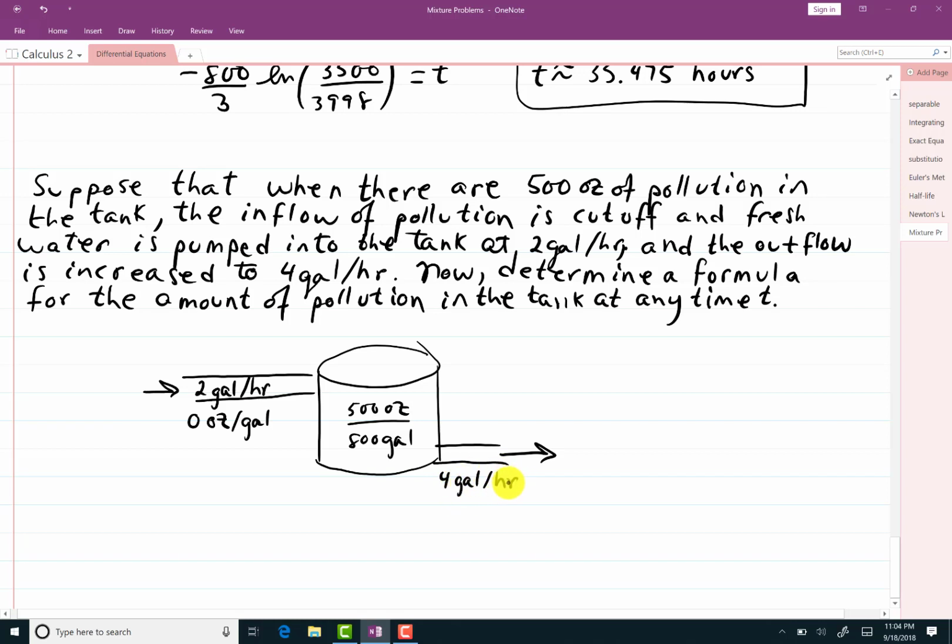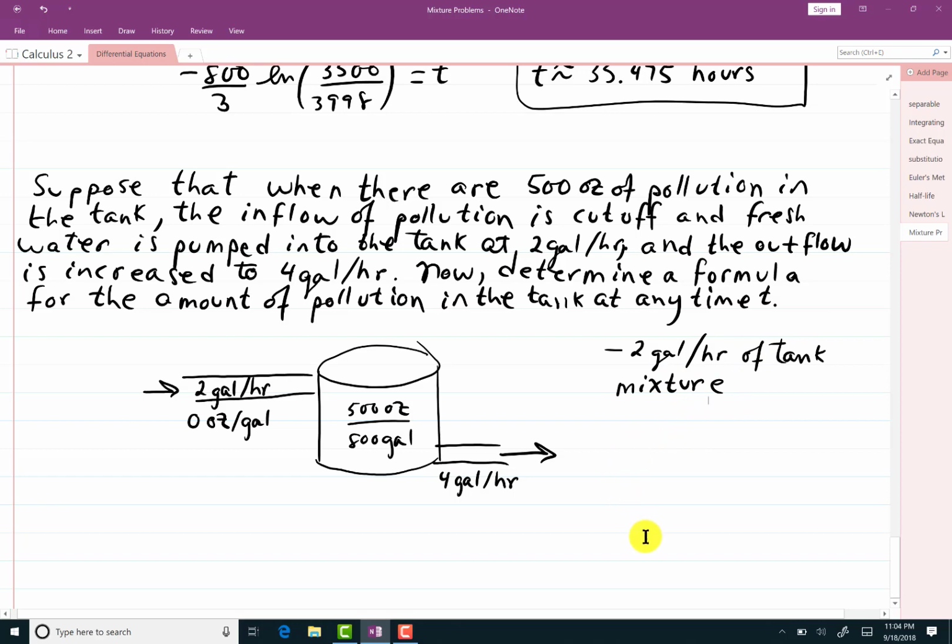But how much pollution is there in that thing? Remember, you're losing so much tank fluid because essentially you are losing 2 gallons per hour. So minus 2 gallons per hour of tank mixture. That's how fast the volume of the liquid in the tank is changing.